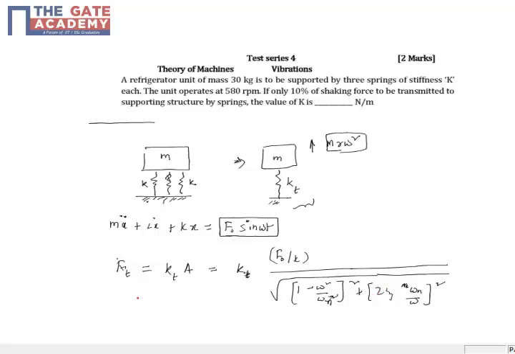We don't have any damping here, so xi is 0. That's why the transmitted force is kt into A. Otherwise, if you have a damper, then it would also include c into A dot. We don't have a damper, so this term just goes to 0. There's a square and a square root, so that gets cancelled. It's F naught by kt, the total stiffness, so the kt's get cancelled.